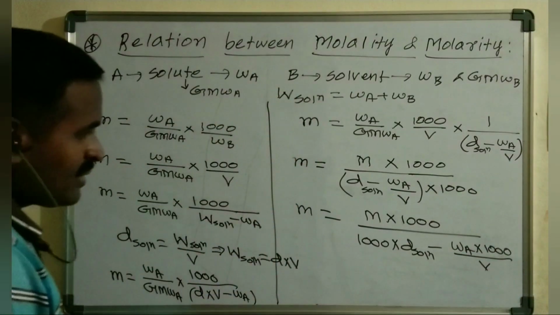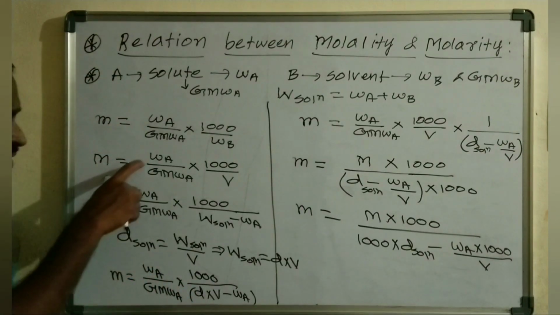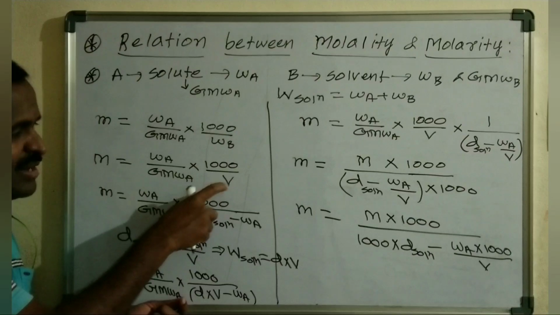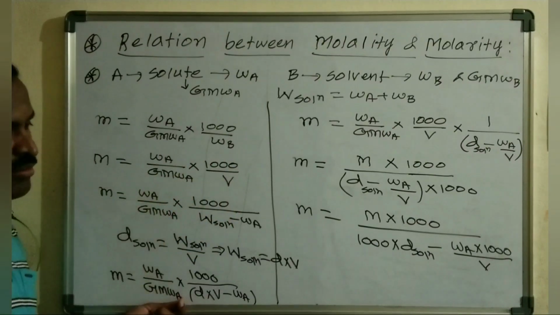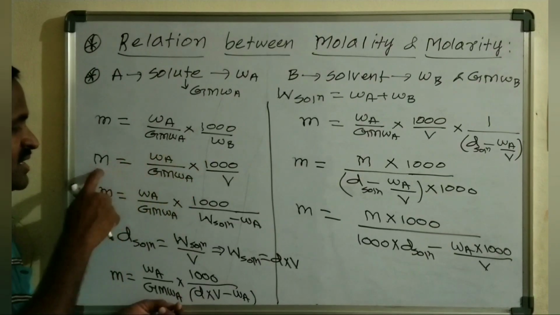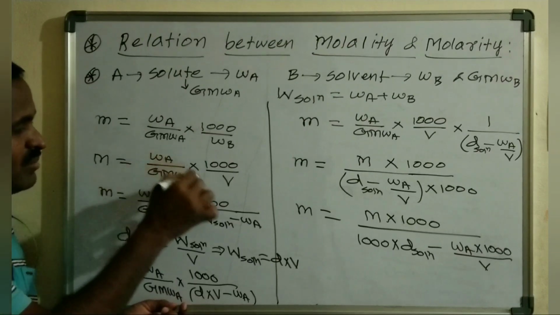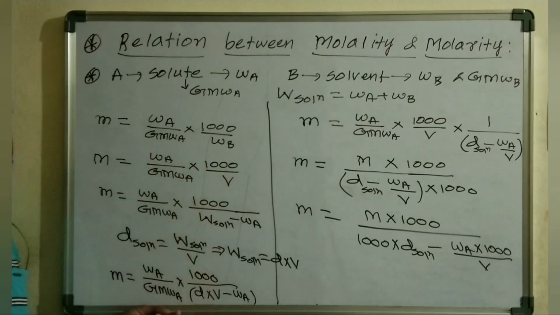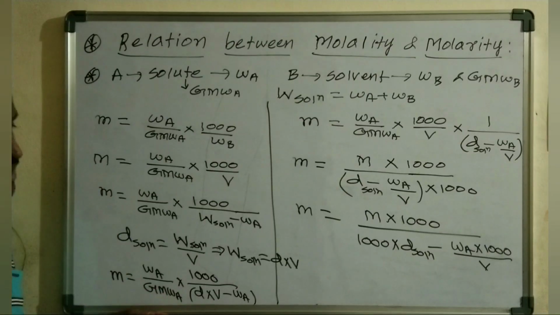As per the basic definition of molarity, WA into 1000 divided by volume, this whole term is equal to M into the gram molecular weight of solute.